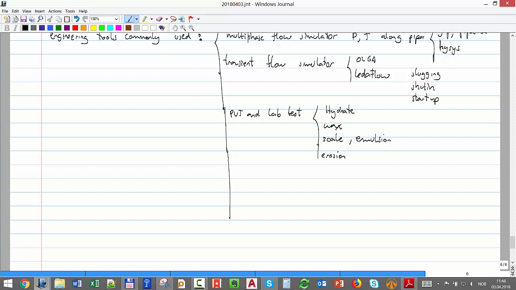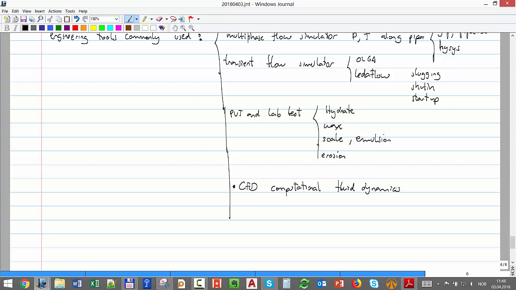Then we have CFD. Okay, CFD stands for computational fluid dynamics. Has any of you worked with CFD before? No? Basically, everything that we are doing so far is one-dimensional, right? We are doing our calculations along the pipe.